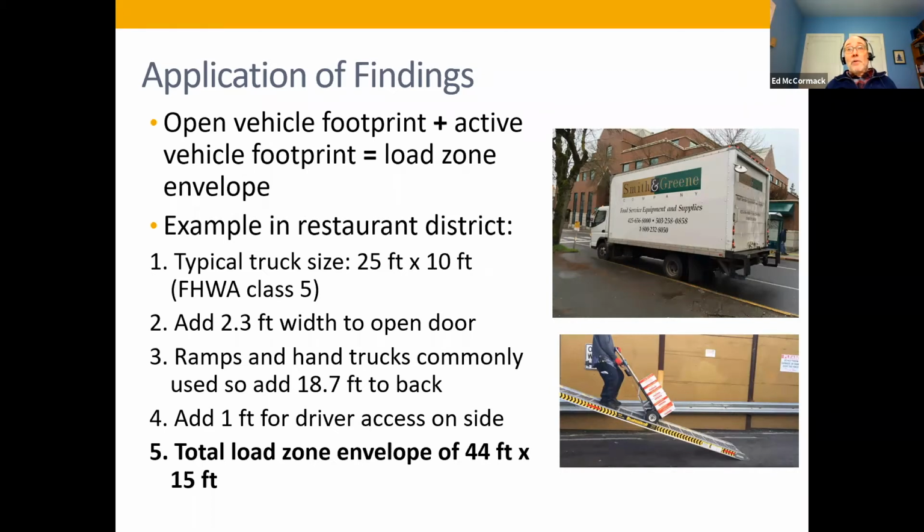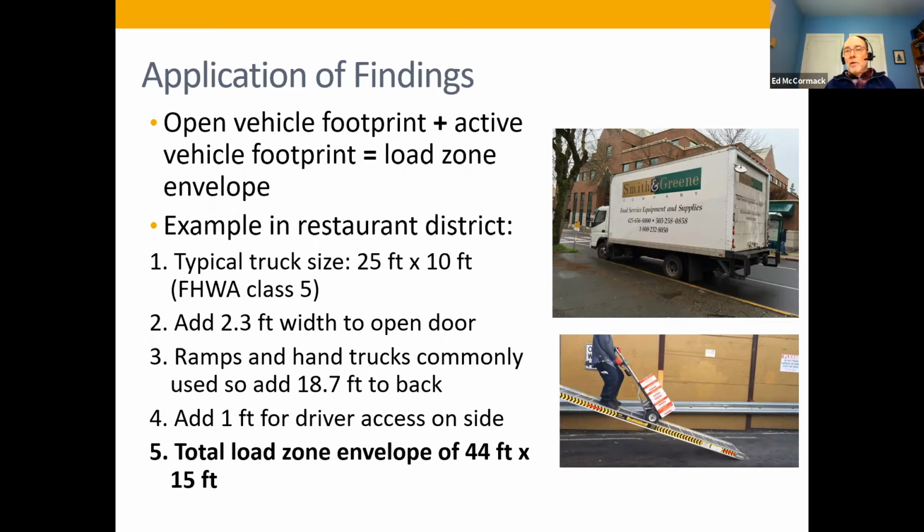And we noticed that ramps and hand trucks are commonly used for food products. So you need to add another 18.7 feet in the back. And of course, you need another 1 foot on the side so the driver can get around the side of the truck to get to the back of the truck where they need to unload. And so in this situation, a total load zone envelope is about 44 feet long and 15 feet wide.